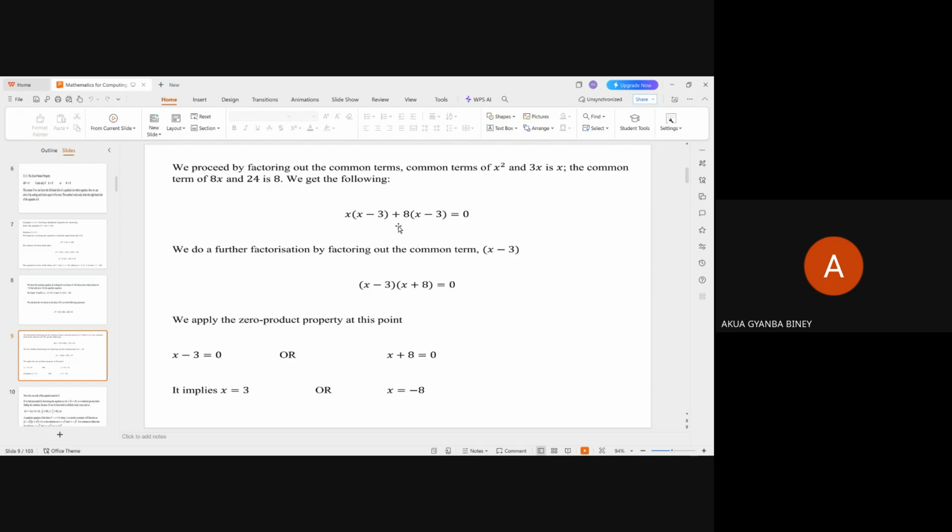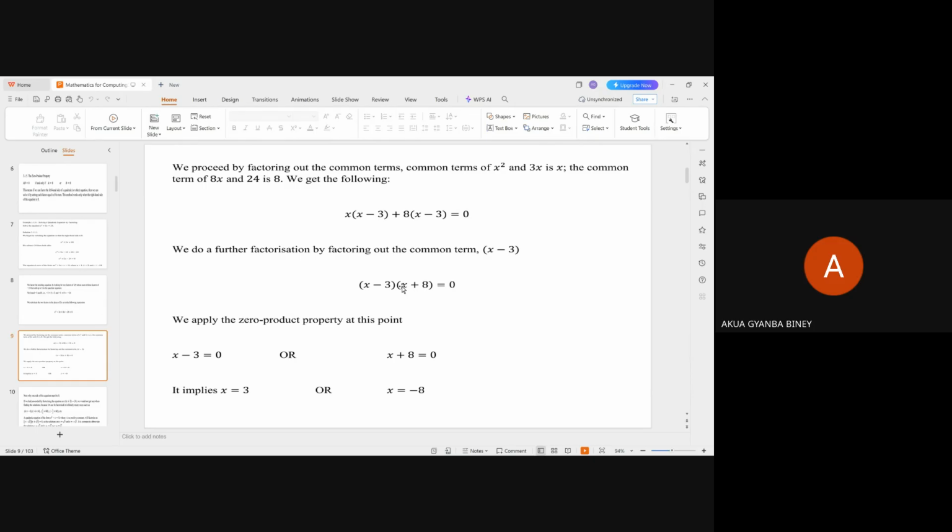So you realize that we have x minus 3 in this bracket and x minus 3 in this bracket. The common terms, you put them together, which is x minus 3. Then the remaining ones, you also put them together, x plus 8. So you get x minus 3, x plus 8, which are the factors of the equation that was given.